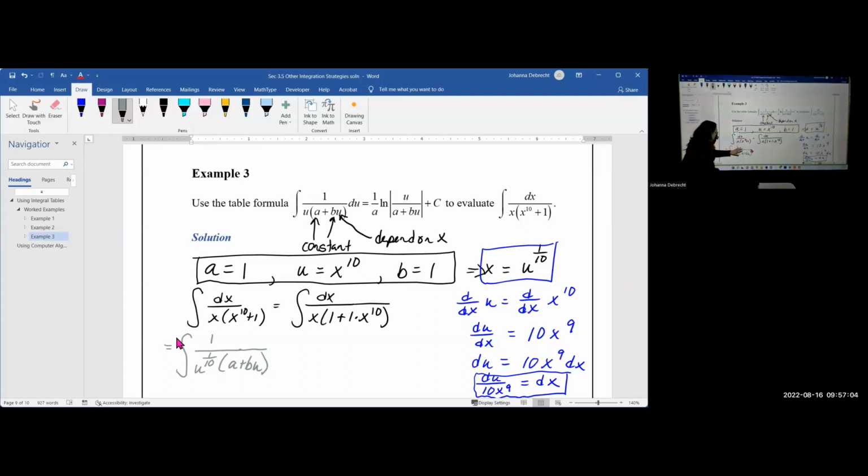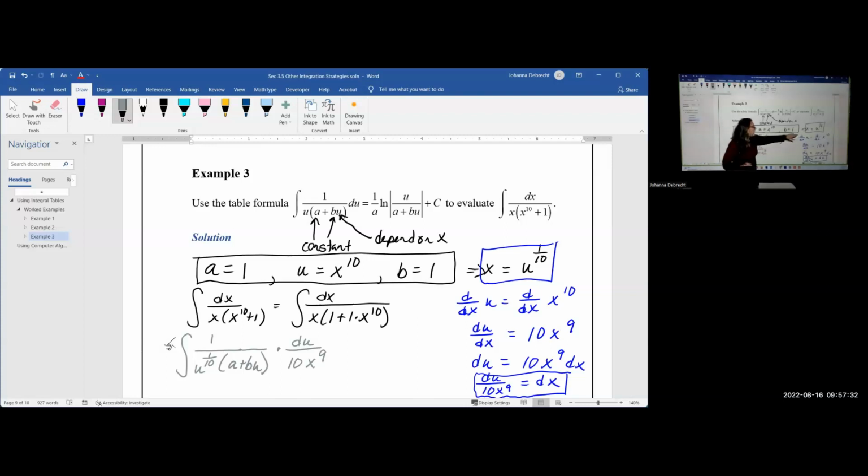So far, I've got this expression here. Now I need to replace the dx, which I found down here. And so the dx is equal to du divided by 10x to the 9th. Now I have a bit of an issue because x to the 9th is not in terms of u. So I need to get this written in terms of u.